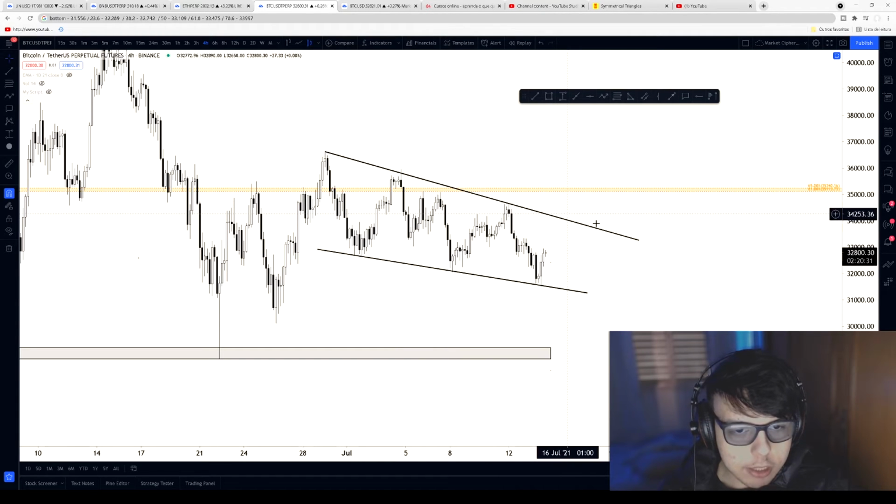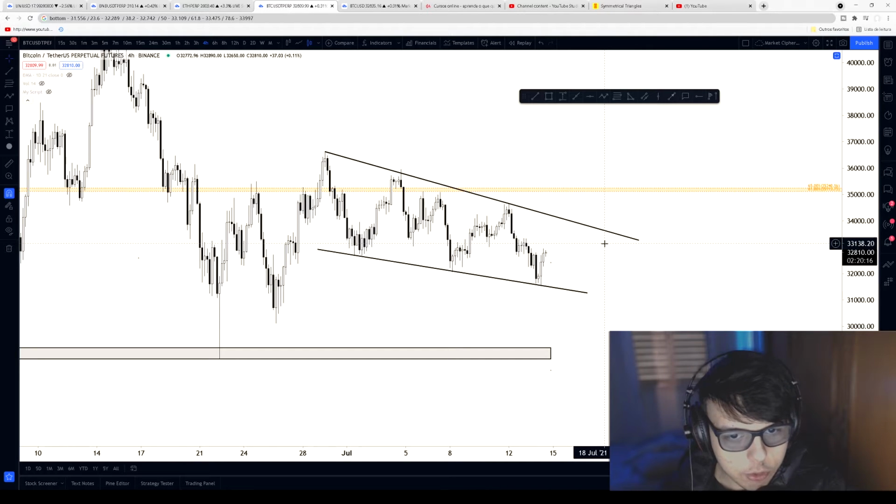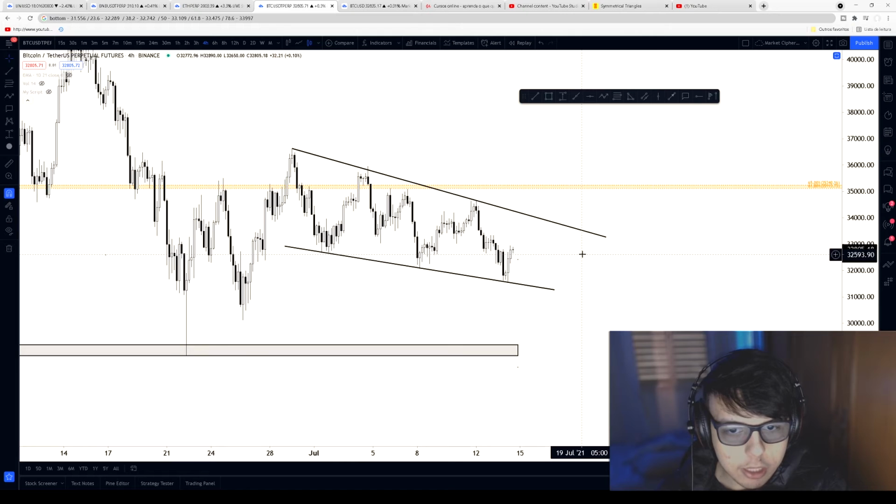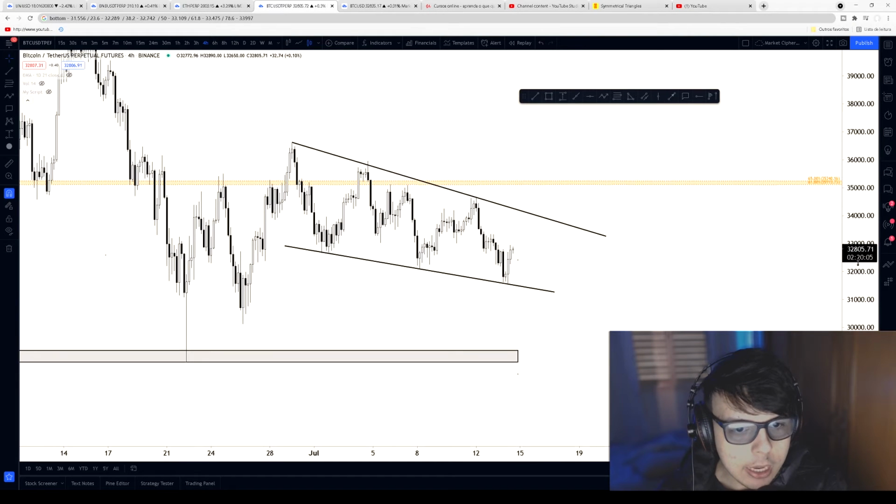I would argue that this is more of a falling wedge, but either way, both patterns, if they are true, are more on the bullish side of things. Obviously, we also have the case for a bearish situation, and I'm gonna talk to you guys about that as well. But let's actually dive right into this chart here and see what's going on right now.